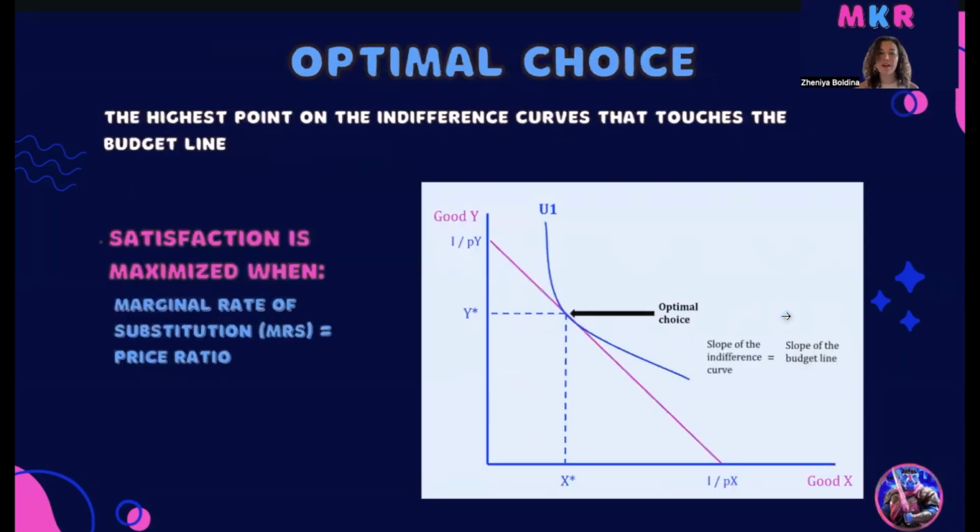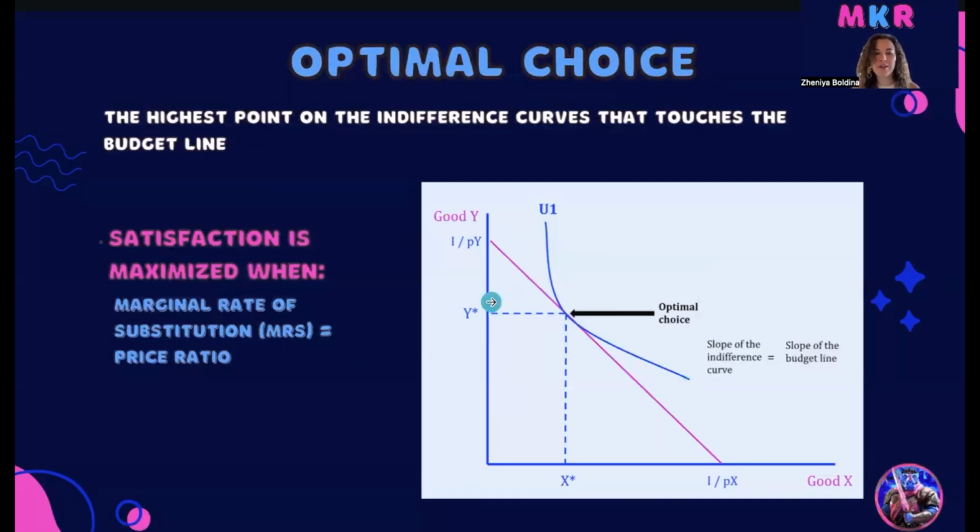Now we're ready to put these two curves together and find the optimal choice. That would be the highest point on the indifference curve, our utility curve, that touches the budget line. So this is our budget line, and this is also known as a tangency point. Our optimal choice occurs only once, and that is when our satisfaction is maximized.